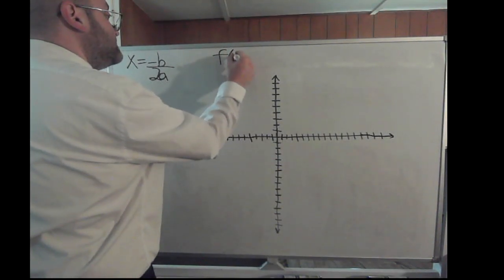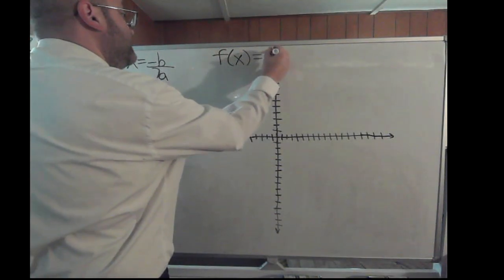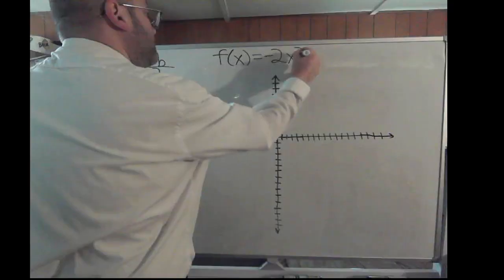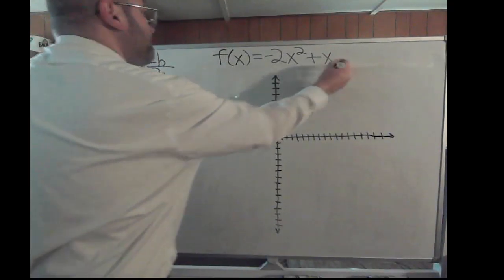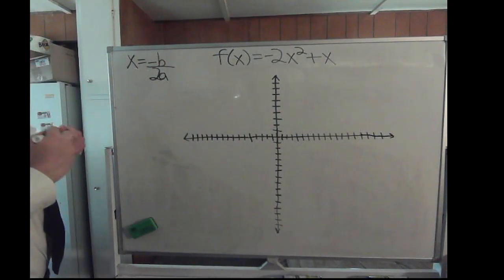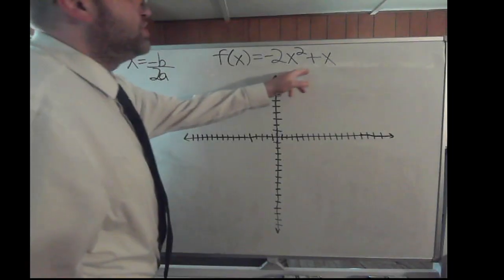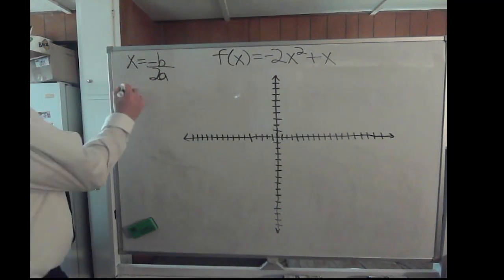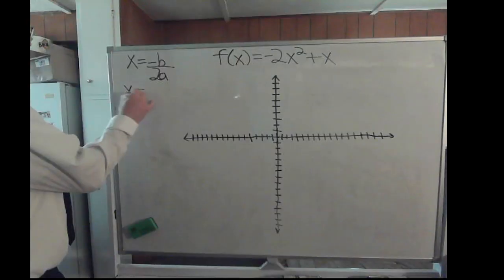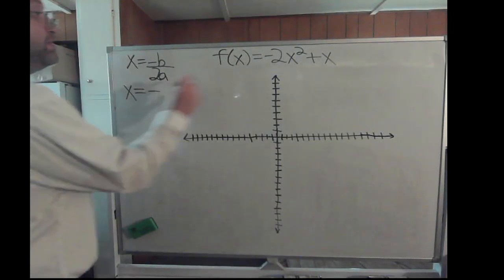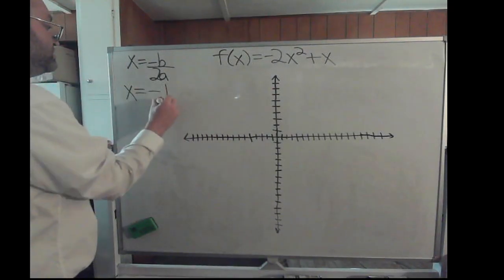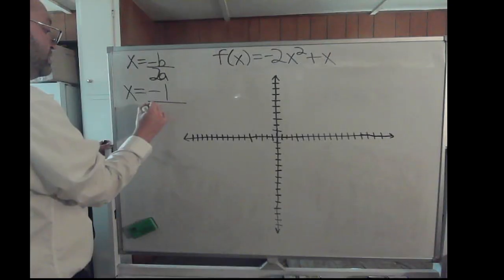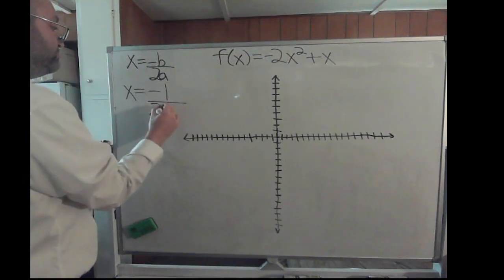F of x equals negative 2x squared plus x. So find the x-coordinate of the vertex. You'll have x equals the negative of b, which would be positive 1, over 2 times your a, which would be negative 2.